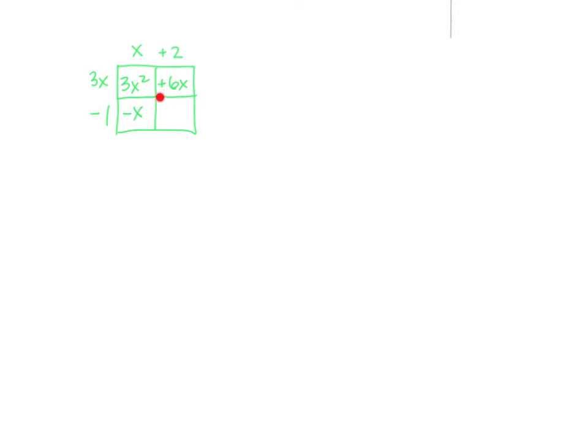And this box here would be positive 2 times a negative 1, or a negative 2. So we take all the inside of the box, the 3x squared plus 6x minus x minus 2, and combine it. We would have 3x squared plus 5x minus 2, and this would be our final answer.